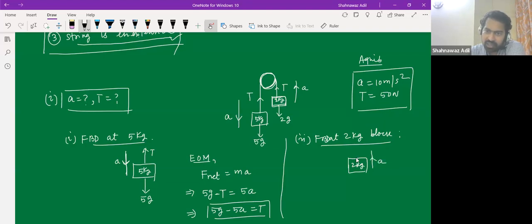Tension is going upwards, and gravity is down. So what would be the equation of motion, Alam? What would be the equation of motion?